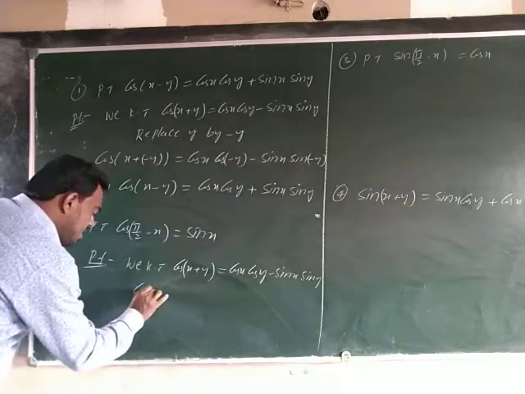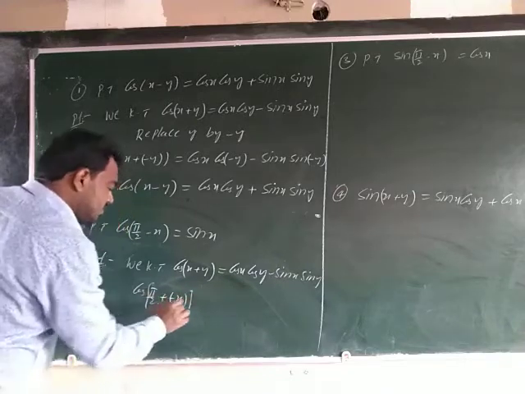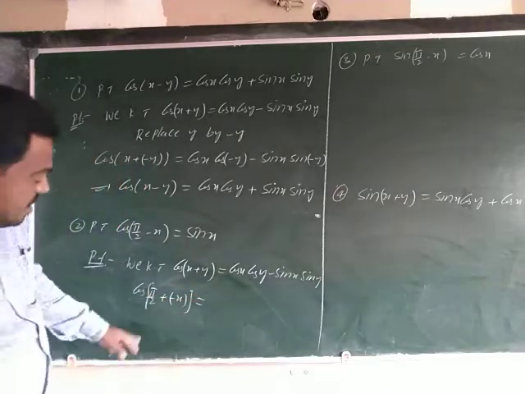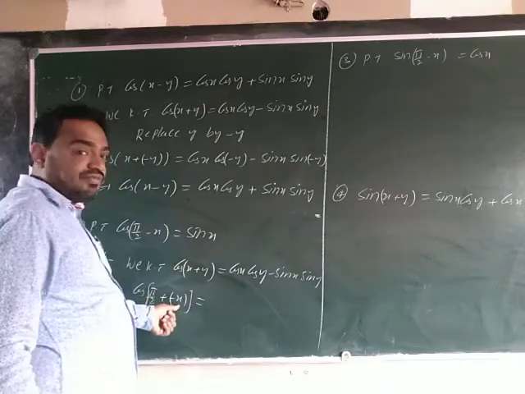Now I am writing cos of pi by 2 plus minus x. It is in the form of cos of x plus y. In place of x, pi by 2, and in place of y, minus x.